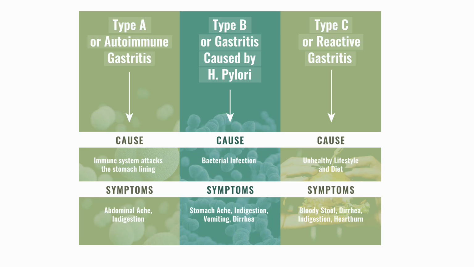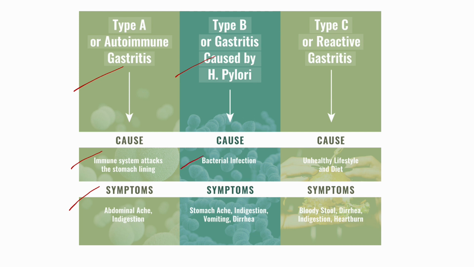So here are the other types of gastritis. Type A, the causative agent is our immune system. It's an autoimmune disease where our own immune system attacks the lining of our stomach. Symptoms may appear as abdominal ache or indigestion. Type B is caused by H. pylori.